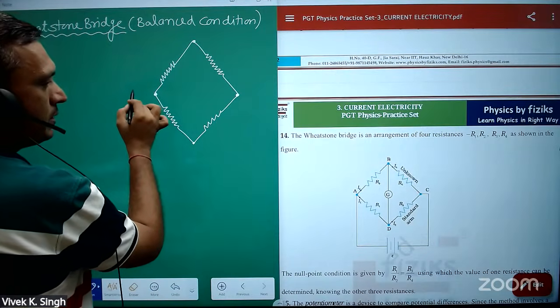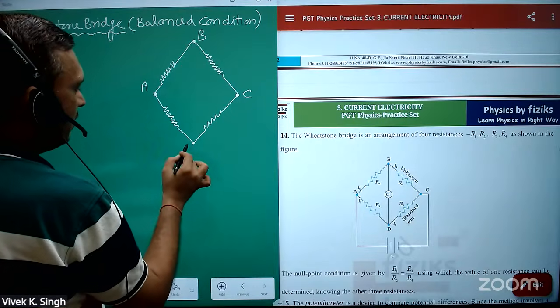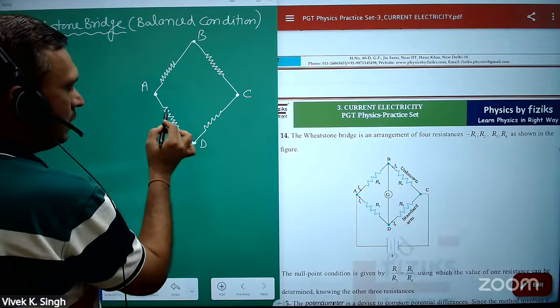So this terminal is A, this is B, this is C, and this is D.